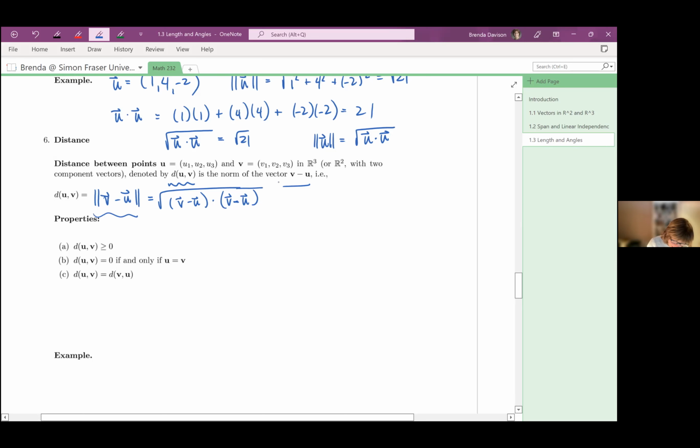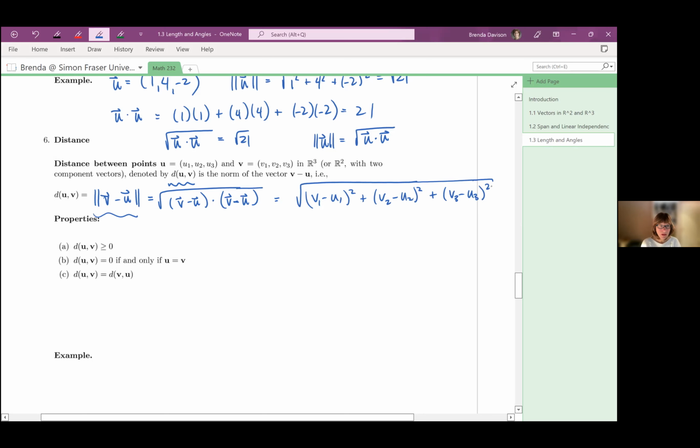Okay, which then is the square root of v1 minus u1 squared plus v2 minus u2 squared plus v3 minus u3 squared.